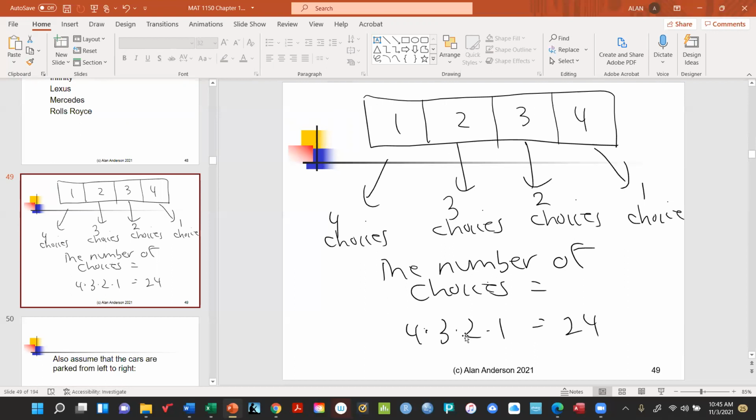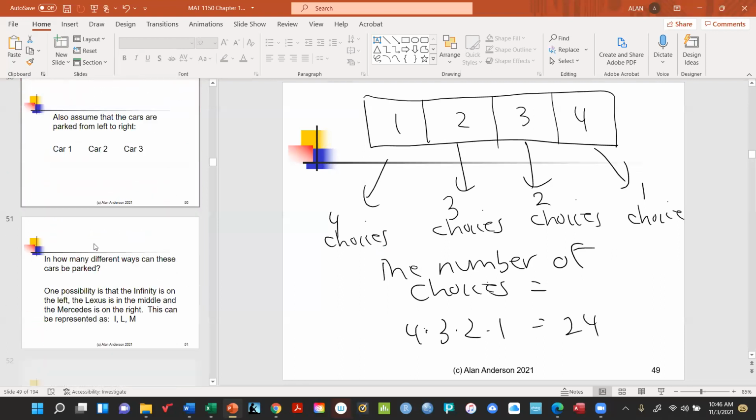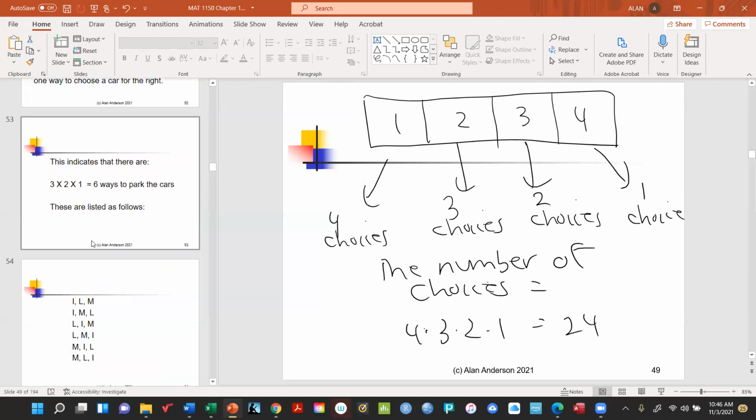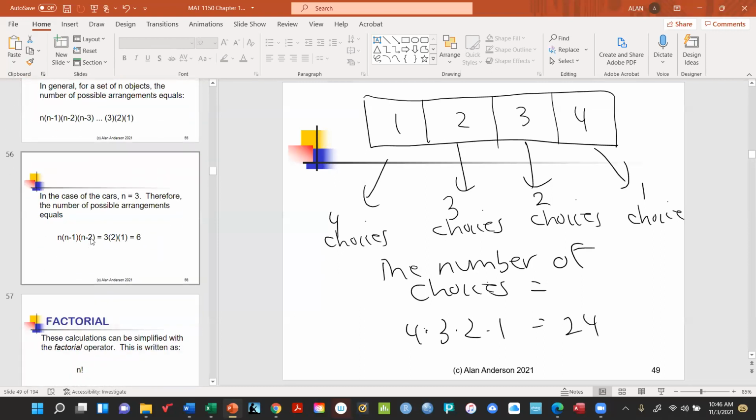So just by getting another car, all of a sudden, we went from 6 to 24 different possible arrangements that we could create with our cars. Now, the number will grow very, very quickly, as you can imagine. If we had 5 cars, then we're really talking about a lot of possibilities. So what we would like to do is introduce a mathematical formula that will enable us to do this directly.